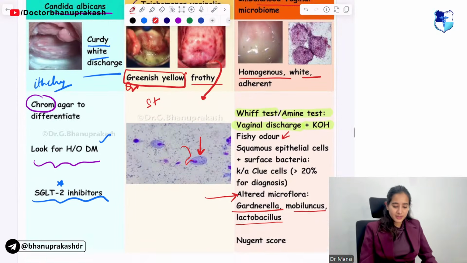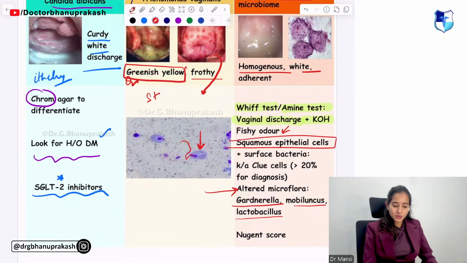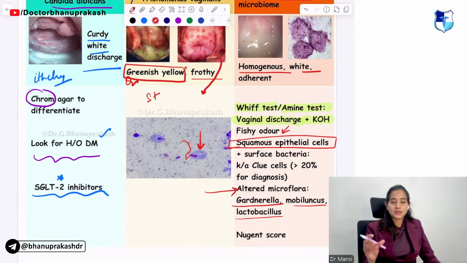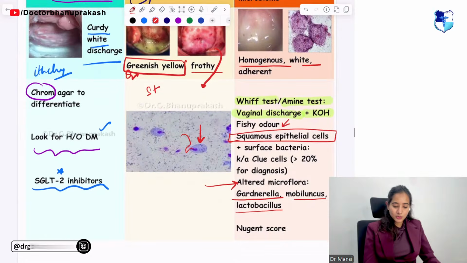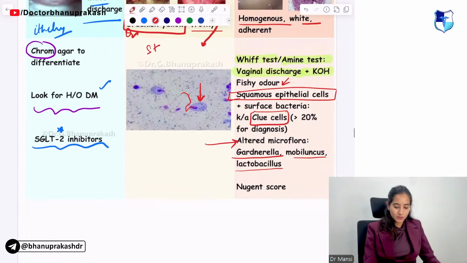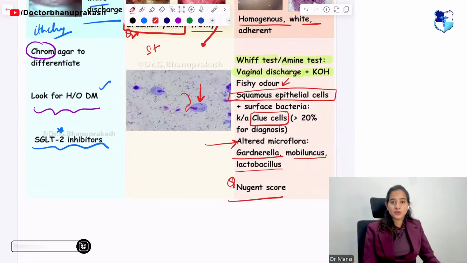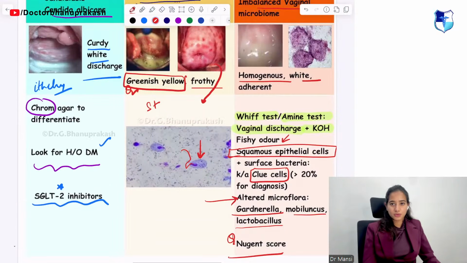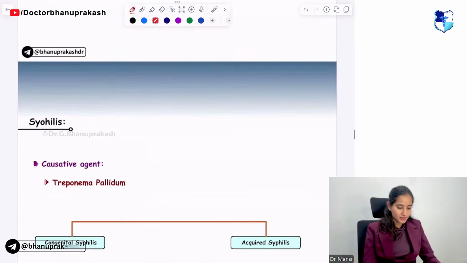That is your whiff test. From the vaginal wall, we can take squamous epithelial cells, and on these the bacteria are adherent. That is called clue cells. If this is more than 20%, that makes the diagnosis of bacterial vaginosis. Very important, we use a Nugent score for bacterial vaginosis. You don't have to know the details of it for your syllabus.